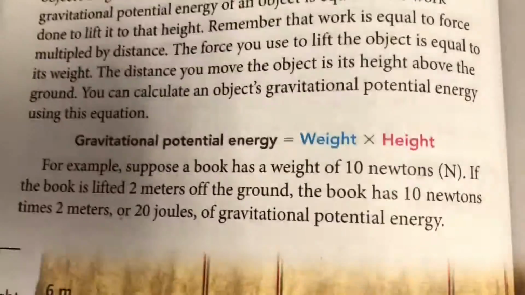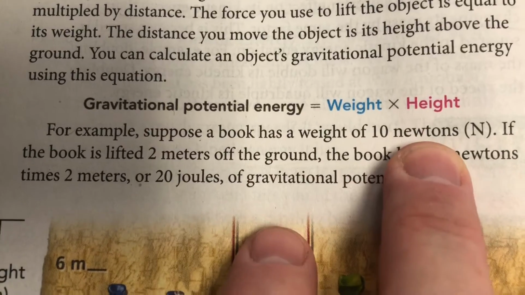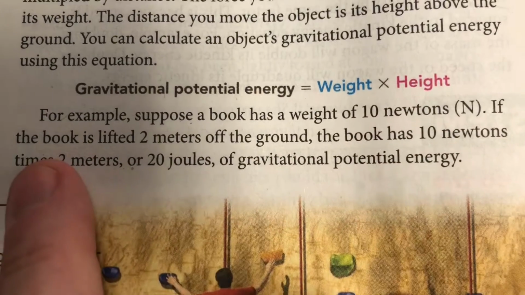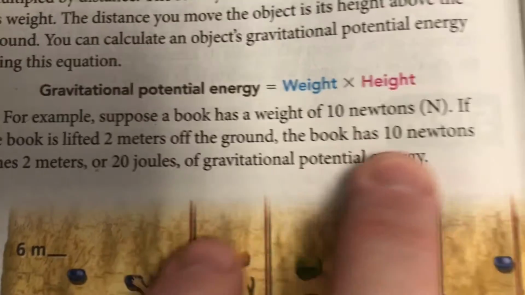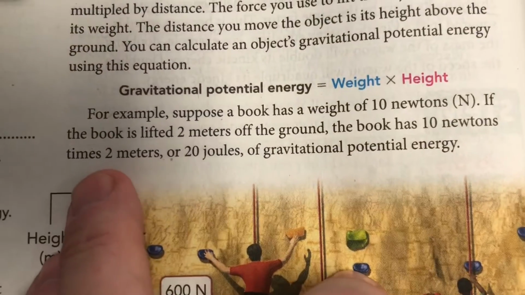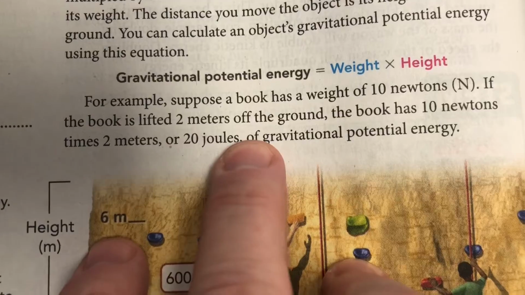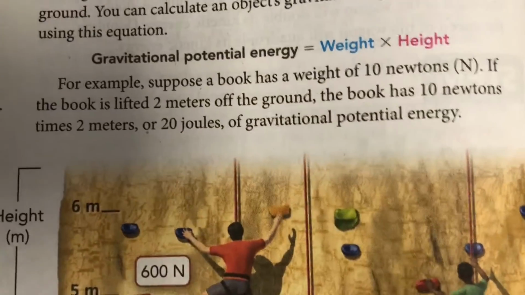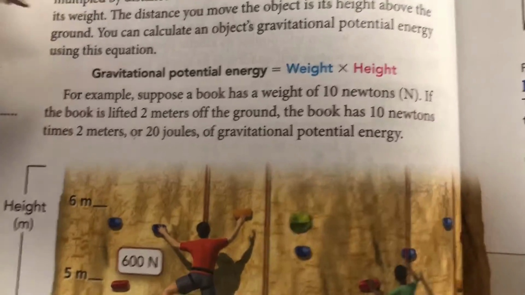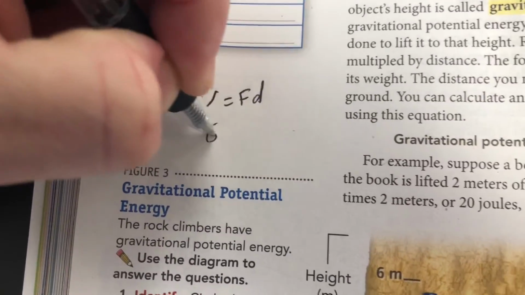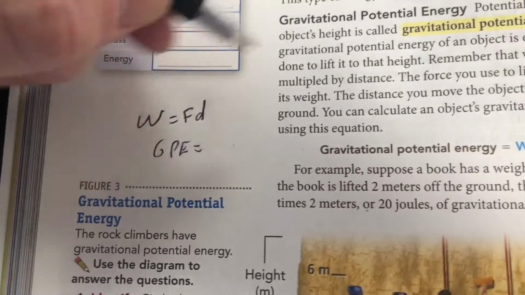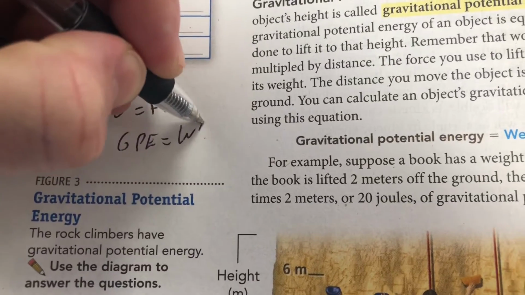For example, suppose a book has a weight of 10 newtons. If a book is lifted 2 meters off the ground, the book has 10 newtons times 2 meters, or 20 joules of gravitational potential energy, which would look something like this. When you come over here, GPE equals weight times height.